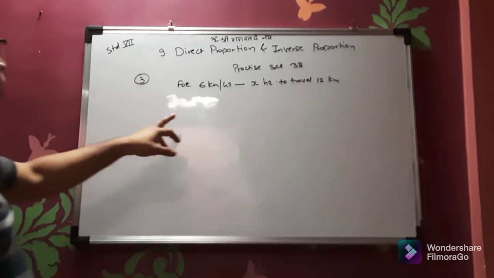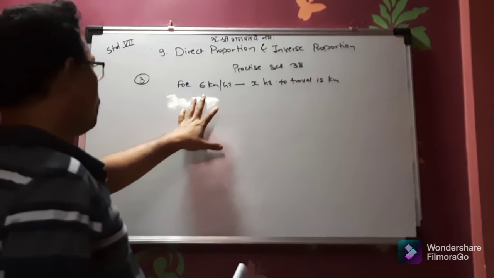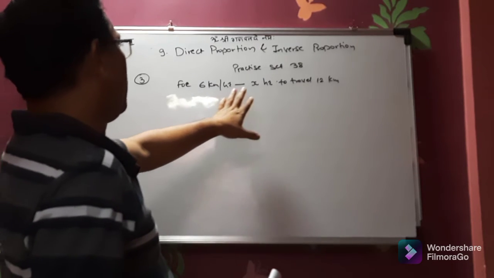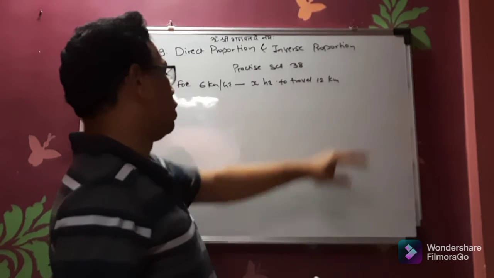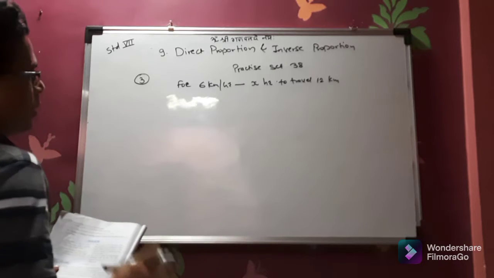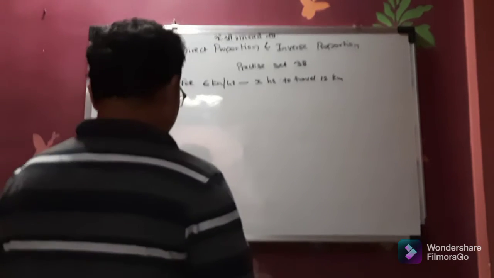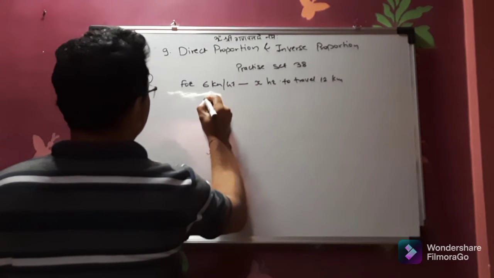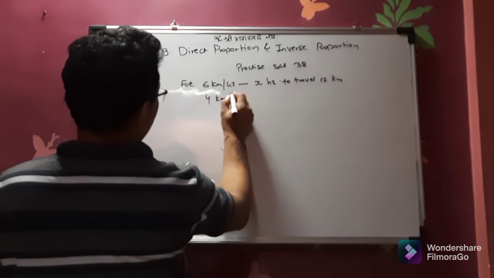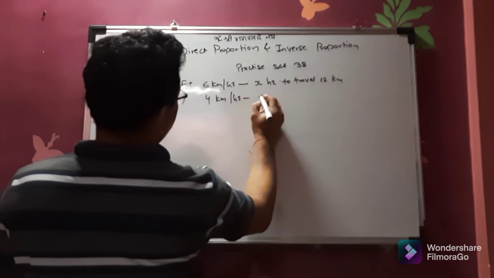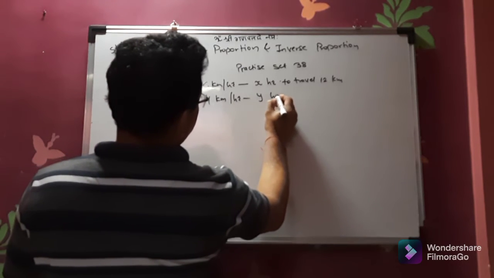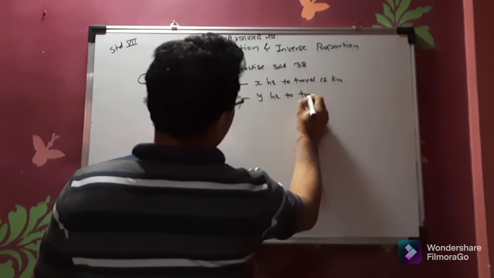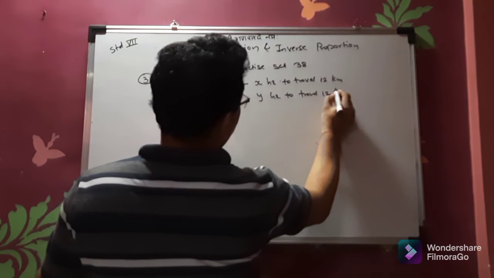Mary is going at 6 km per hour, so she will require x hours to travel 12 km. 12 km is the distance she has to travel to reach her aunt. Now, if she cycles at 4 km per hour, say she will take y hours to travel 12 km.